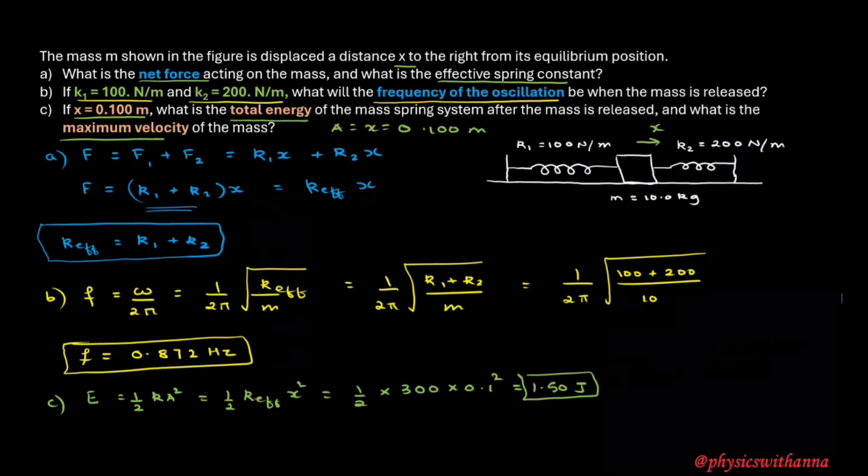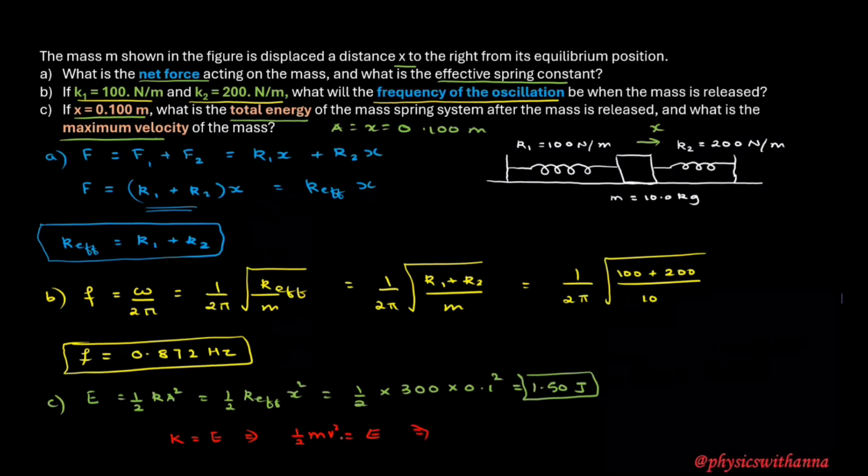Next, we need to find the maximum velocity of the mass. Now, the maximum velocity you can find when the kinetic energy is maximum, and the maximum kinetic energy is at the equilibrium position, which is equal to the total energy. So we can write K to be equal to E, or half m v squared to be equal to E. To find velocity, I have to rearrange the terms.